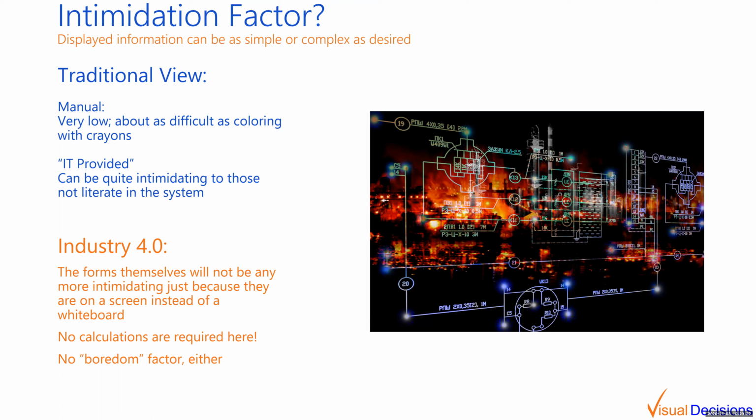In terms of intimidation, a lot of these things, like manual statistical process control data capture, required a fair amount of math for people. That's no longer required if you automate that process using systems. And that's a lot less intimidating for a lot of the operators than having to do all of that manually or with calculators, punching buttons in and so forth.